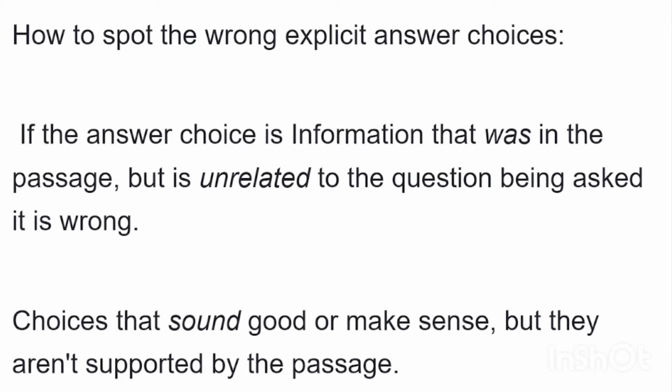It asked where they went to party. I hope I made that clear. So if the answer choice is unrelated to the question being asked, then it's automatically wrong.